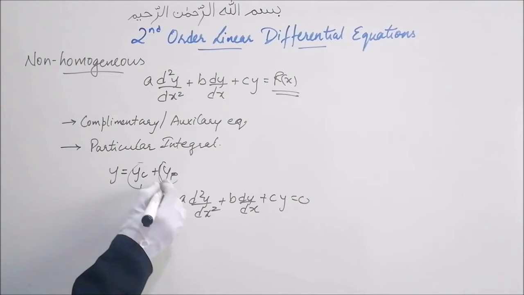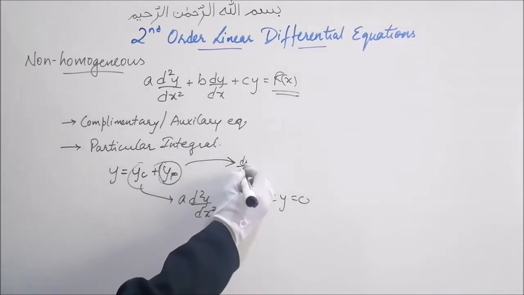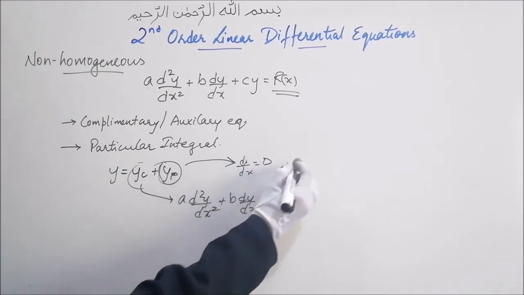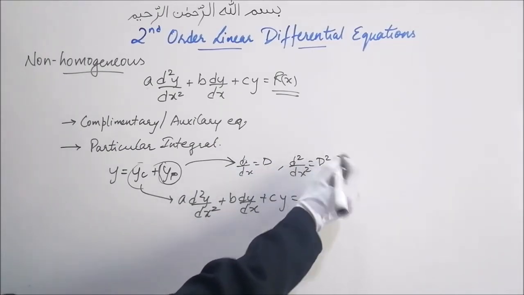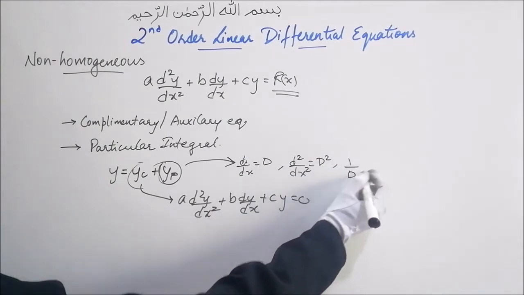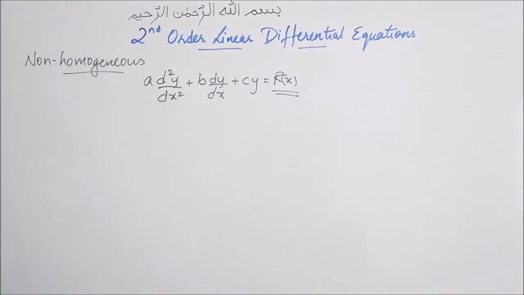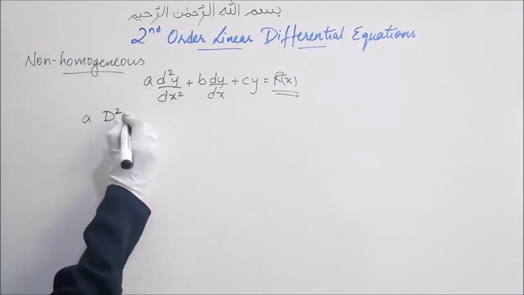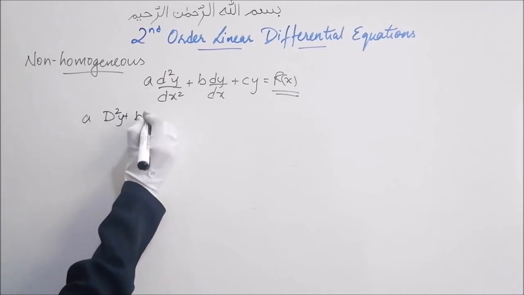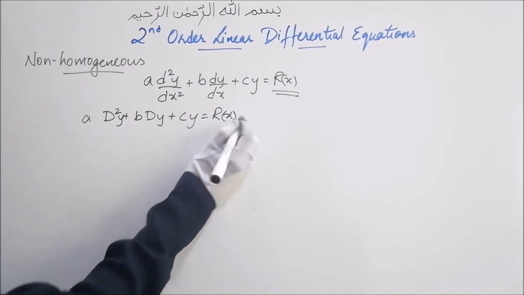To solve for the particular integral, we'll consider d by dx as capital D, d squared by dx squared as D squared, and 1 by D as the integration with respect to dx. So this equation I can write as a D squared plus b D y plus cy is equal to some r of x.